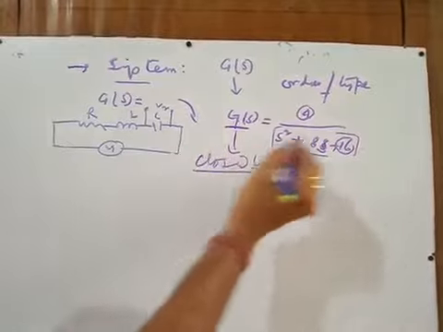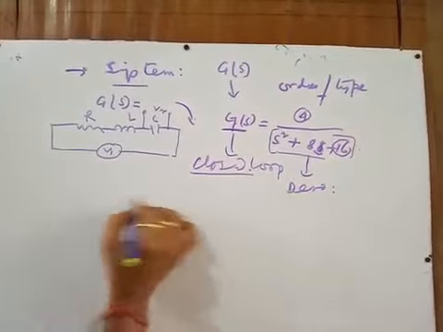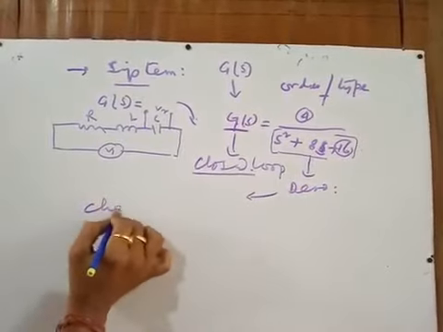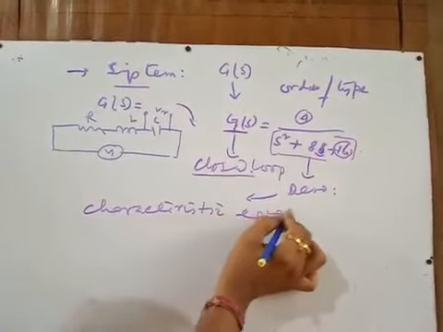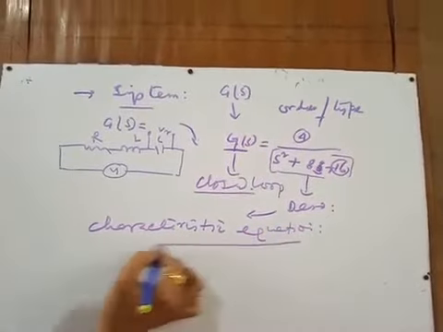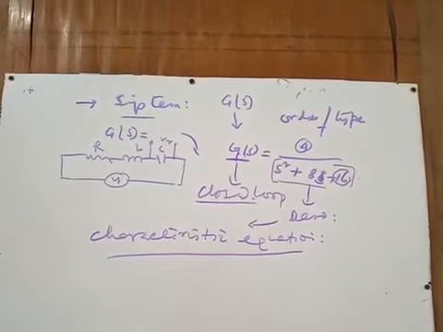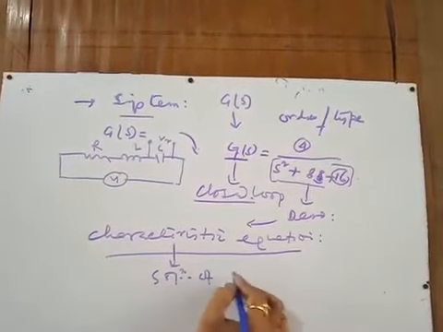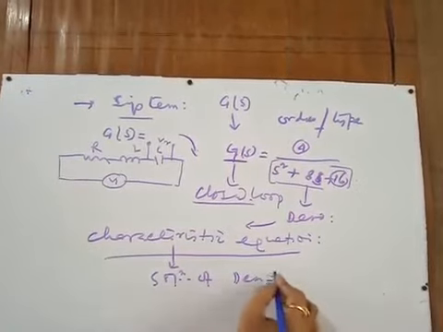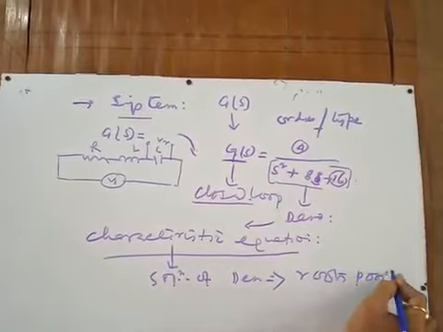In a closed loop system, this denominator is known as the characteristic equation, because the solution of the denominator will give you the roots position.